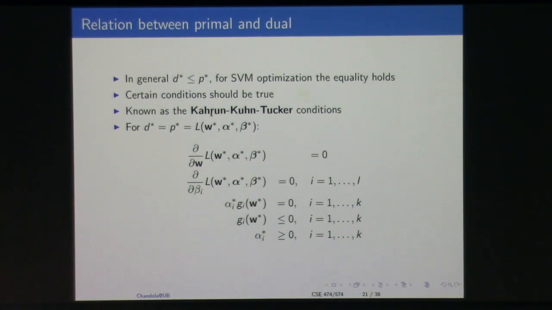KKT conditions are again a detour. If you have an optimization problem, constrained, unconstrained, whatever, and somebody comes and says this is the solution, this W, let's say it is a function of W, that optimizes this, what you can do is take the KKT conditions and see if they are true. That is why we say the KKT conditions are necessary conditions.